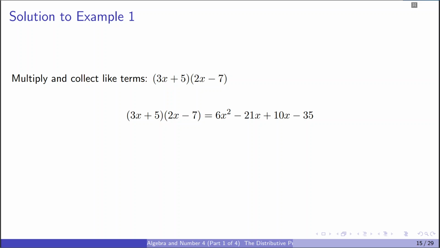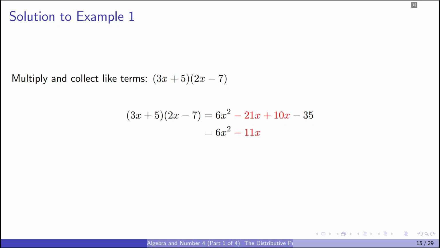Now we collect our like terms. To collect them, we look at the exponents. 6x squared is the only term where the exponent of x is 2. So that just gets copied right over. Next, we check the exponents where x is 1. We have 2 terms that are x to the 1. So we have negative 21x's and a positive 10x's. Negative 21 plus 10 is negative 11.